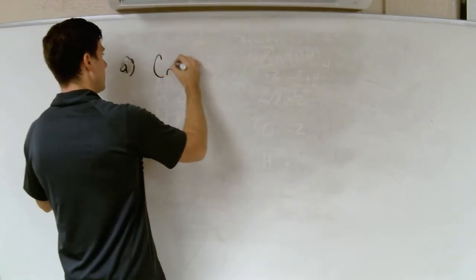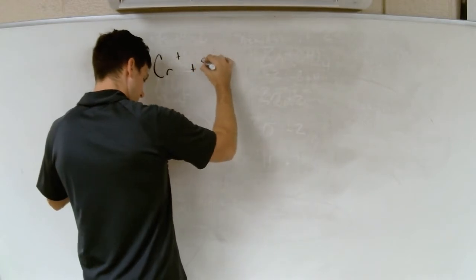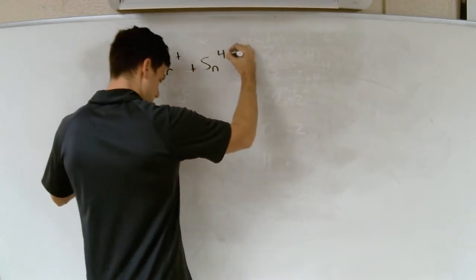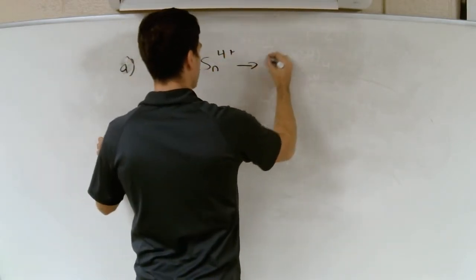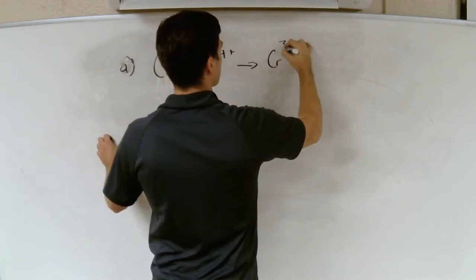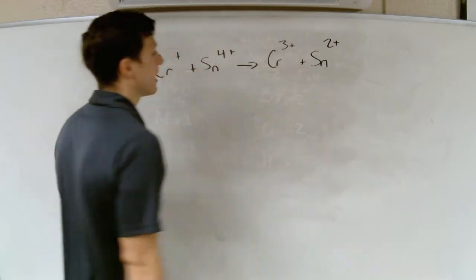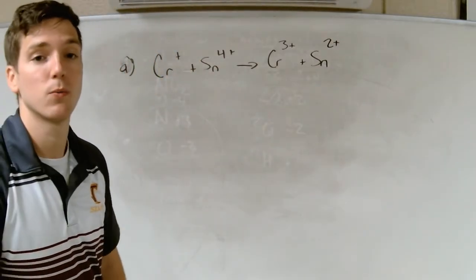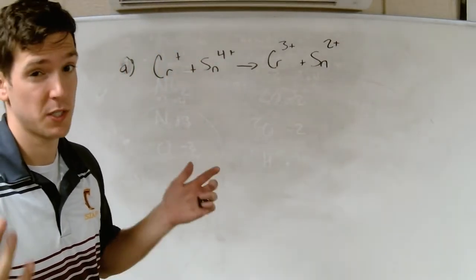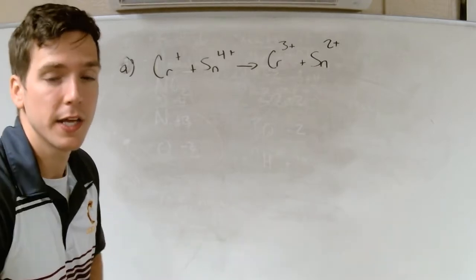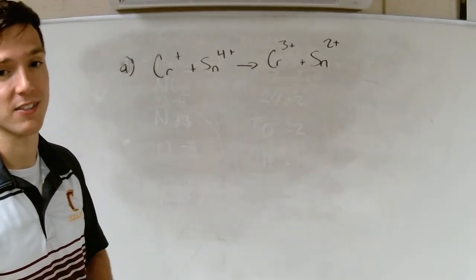What I'd like to ask you is that I'll give you a reaction, and I'm going to make this real simple for the first one. And I might say which species, which compound, which ion is reduced and which one is oxidized.